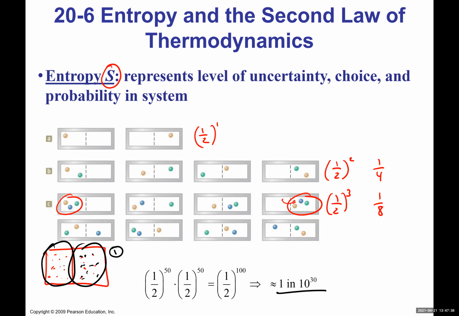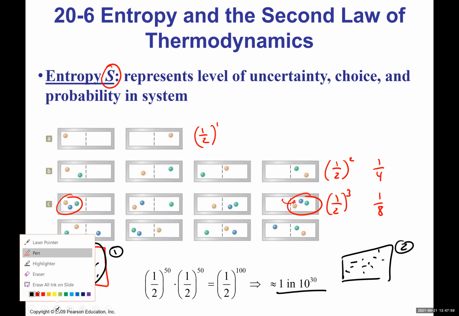That means low uncertainty. When they're all distributed randomly, then I have high uncertainty, which means I don't know where the molecules are. Could be left side, could be right side, could be somewhere in the middle. Now, there's also a higher probability for configuration 2.